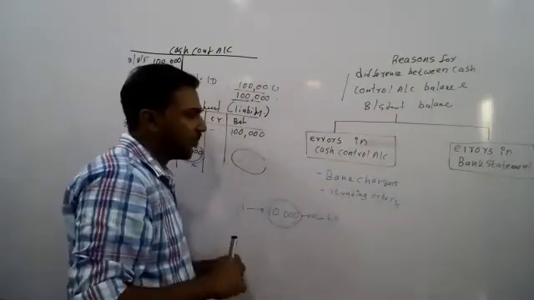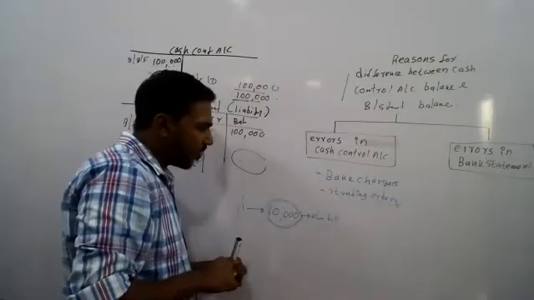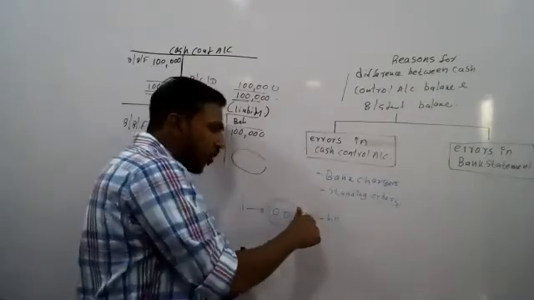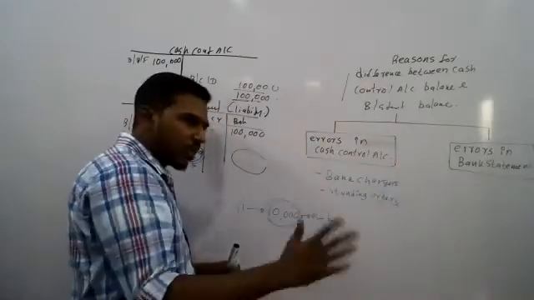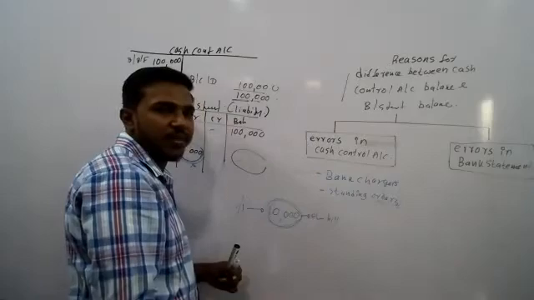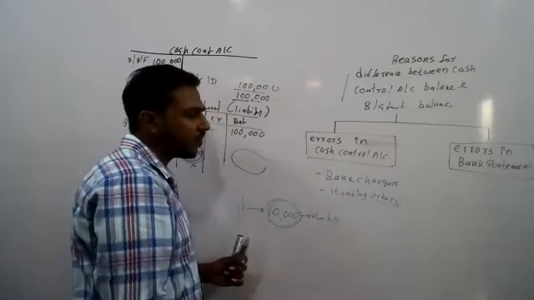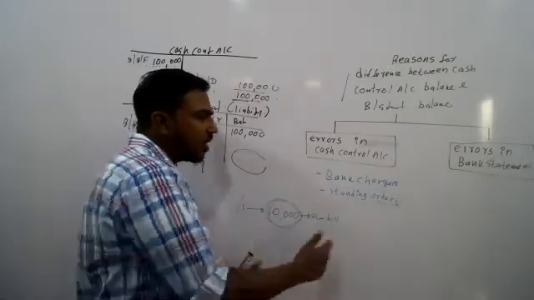Clear? You don't have to give it monthly, just put one letter saying that you're supposed to pay this every month. That's all. So this is called a standing order.